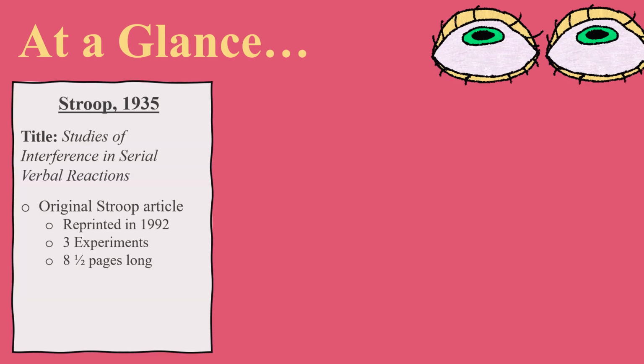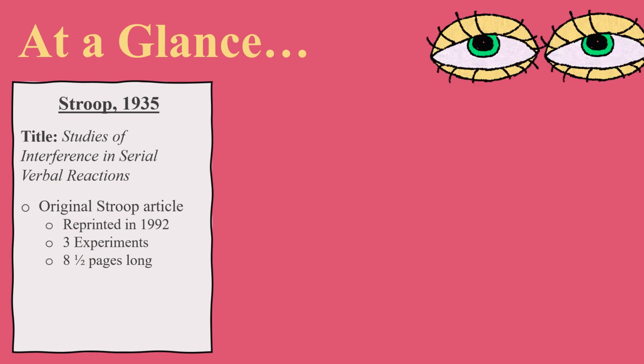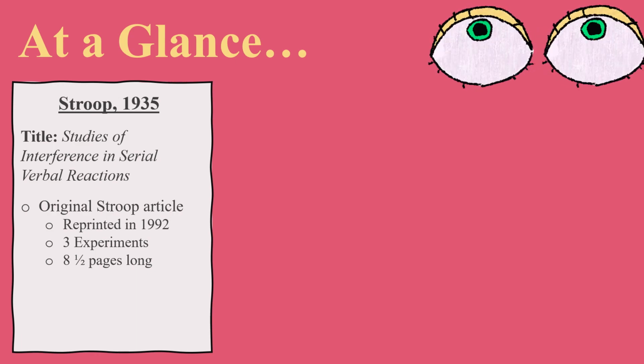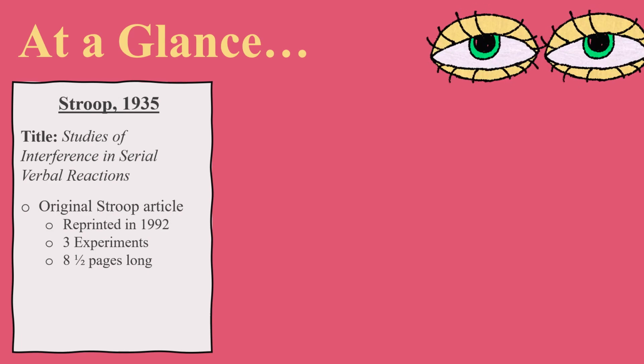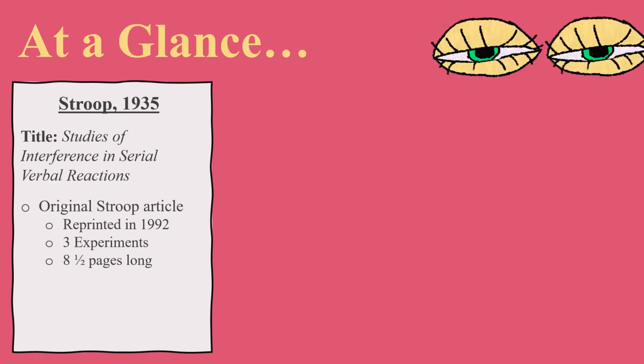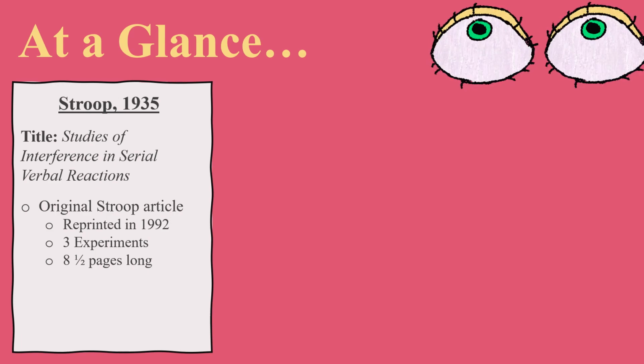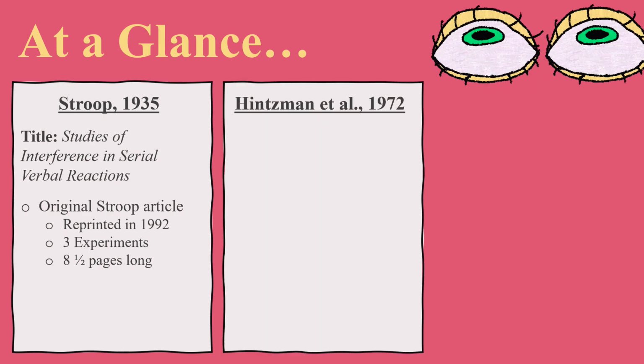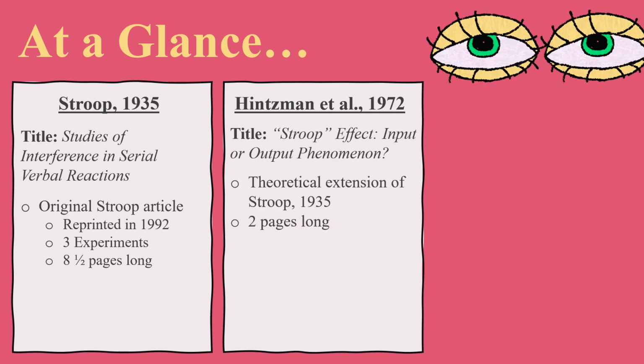The first one is Stroop that we talked about in the last lecture that I also uploaded here, and you had a class with Angelina. So here's just the slide that shows what those papers are, the title of them, the original Stroop article that the Stroop effect actually comes from, and how long they are.